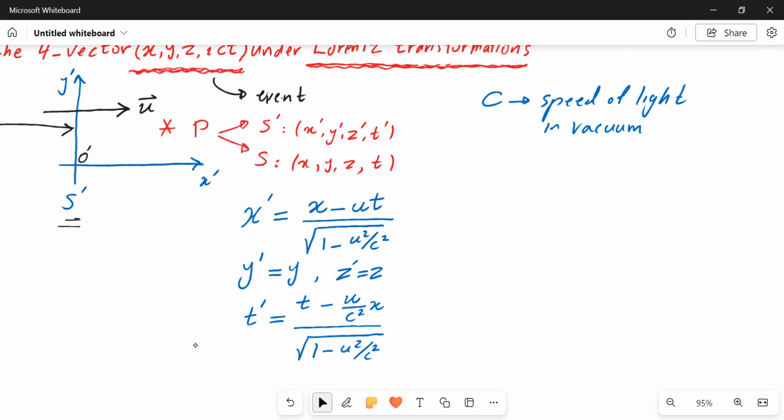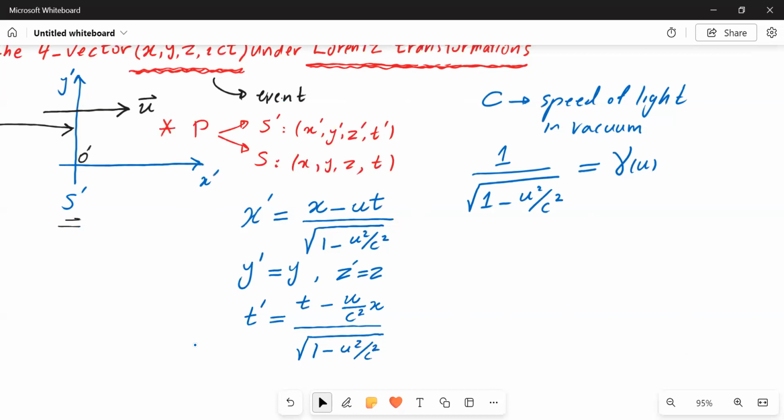And this factor that appears in the special theory of relativity, 1 over the square root of 1 minus u squared over c squared, we call this the relativity factor. And we often show this by the Greek letter gamma. And gamma is obviously a function of the relative velocity between the two frames of reference.